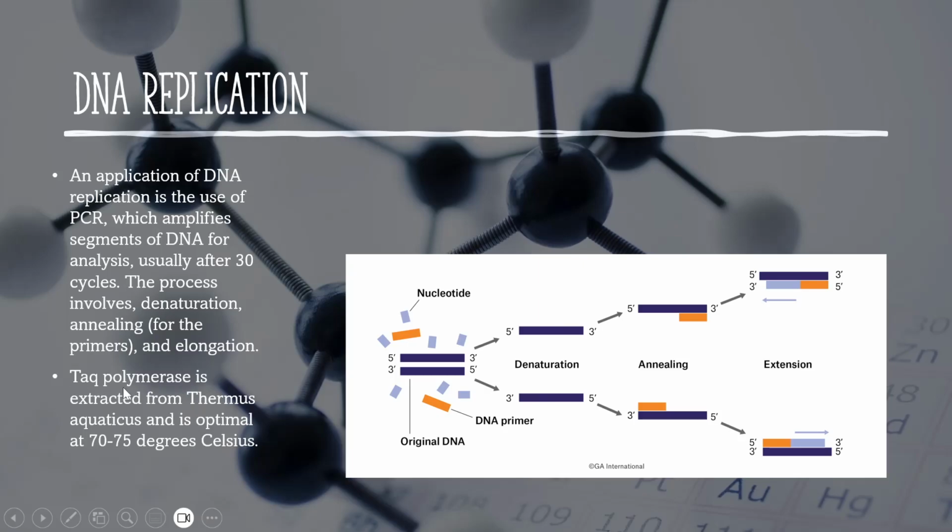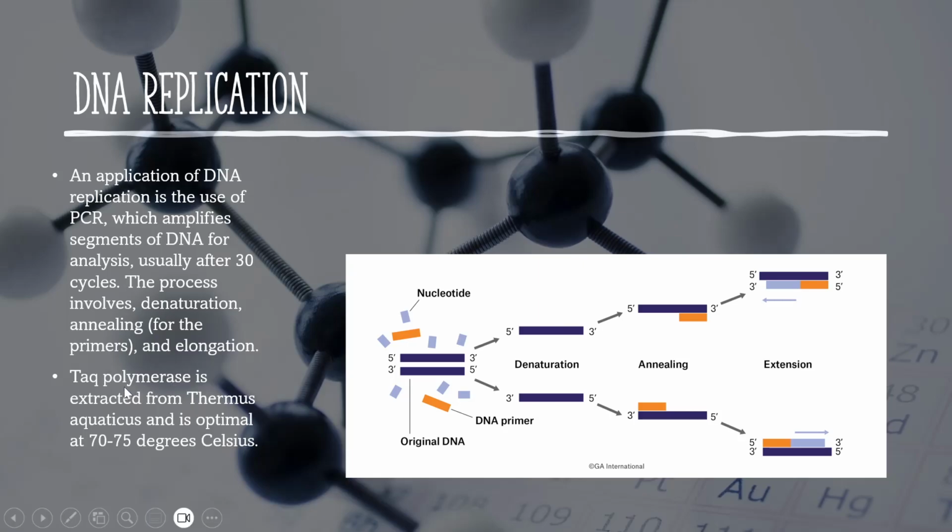You have to know about T. aquaticus. T. aquaticus is a really cool thermophilic bacterium that lives in hot springs. They discovered T. aquaticus living in the hot springs of Yellowstone, which are extremely hot. It's really impressive. It's Taq polymerase.